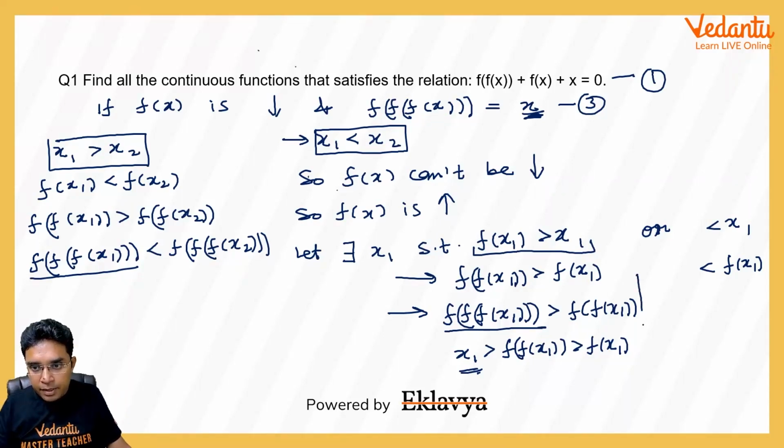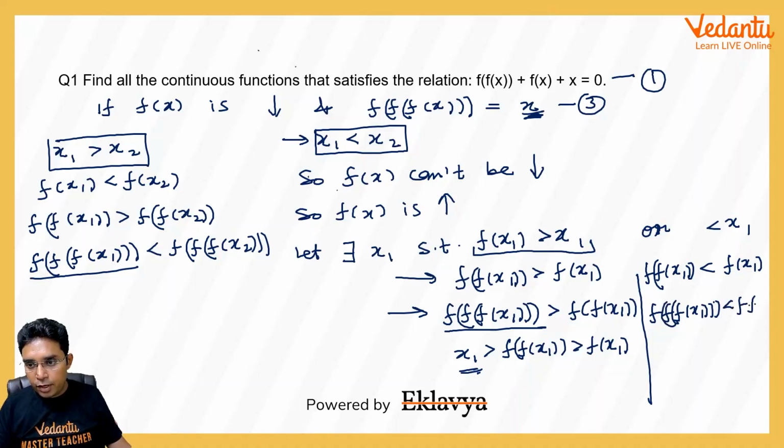Now same thing can be done here also. If you take f of f(x1) 2 times, the sign will remain same because the function is strictly increasing. Once again, if I take one more f, f of f(x1), it will be less than f of x1, but this is x1, so x1 will be less than f of x1, and in this case we took f of x1 is less than x1.